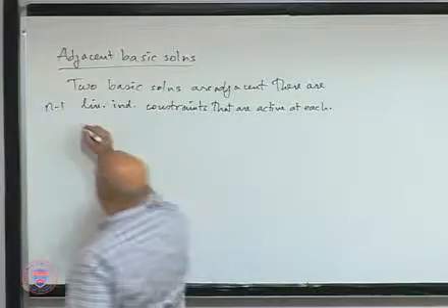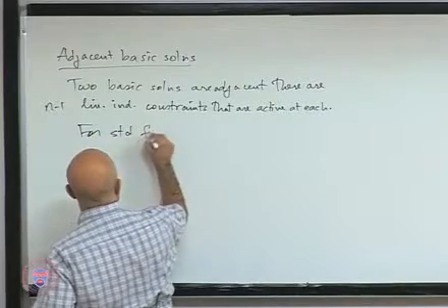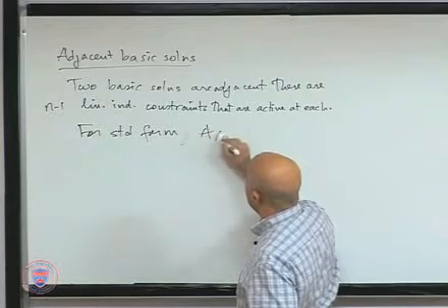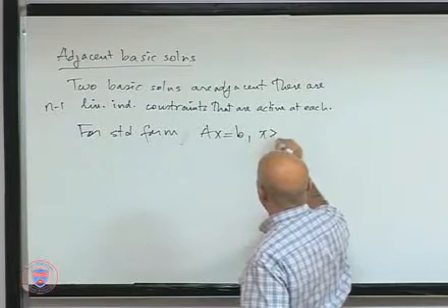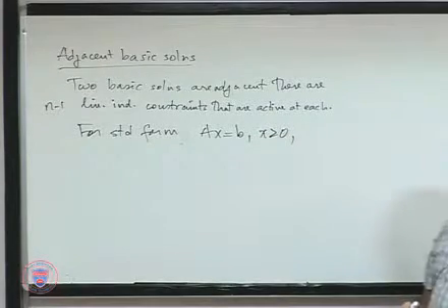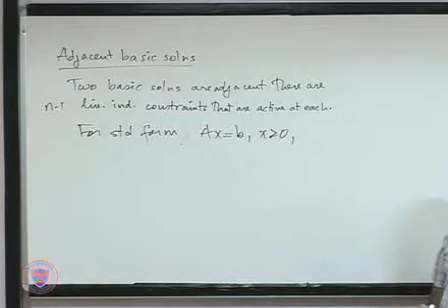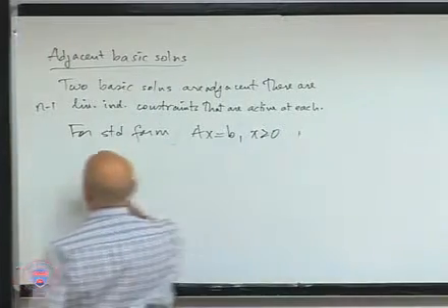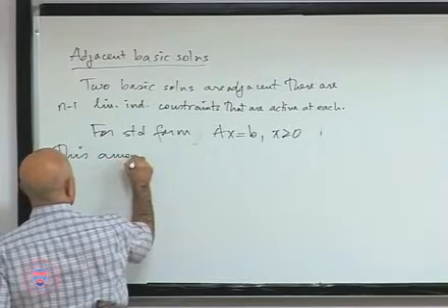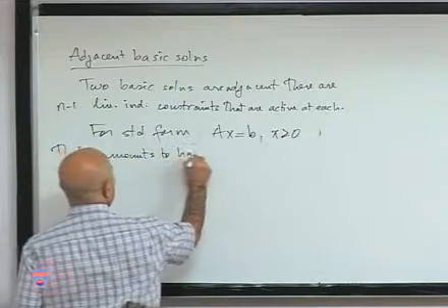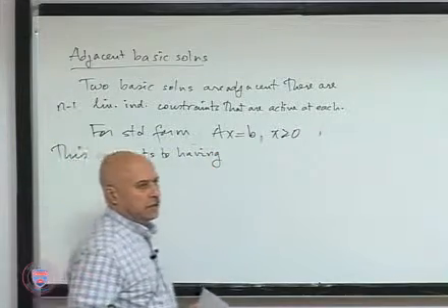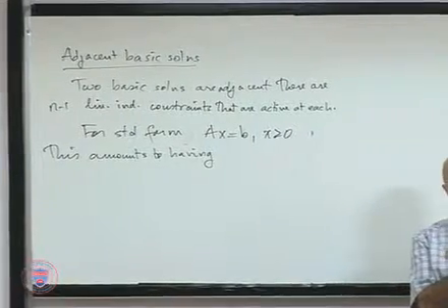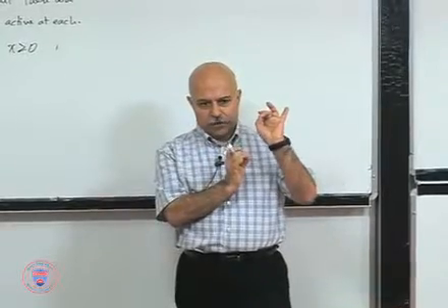For a standard form, where you've got the constraints in Ax = b and x ≥ 0 form, we have, of course, adjacency if this amounts to having... Now in standard form, you've got two solutions under consideration.